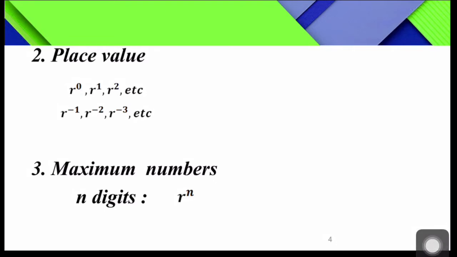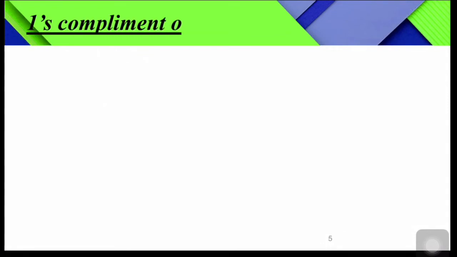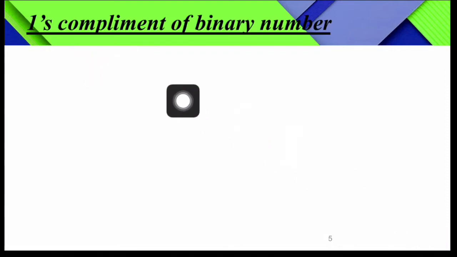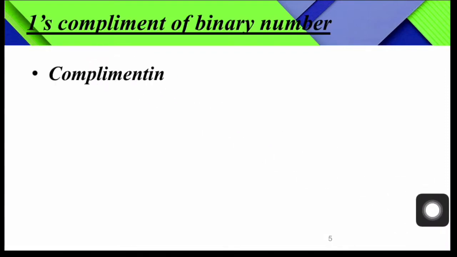Switching focus to how to find out 1's complement and 2's complement of binary numbers. In fact, you should have a clear picture of these concepts to solve our problem. So please listen carefully. First one, 1's complement. The 1's complement of a binary number can be obtained by complementing all its bits.